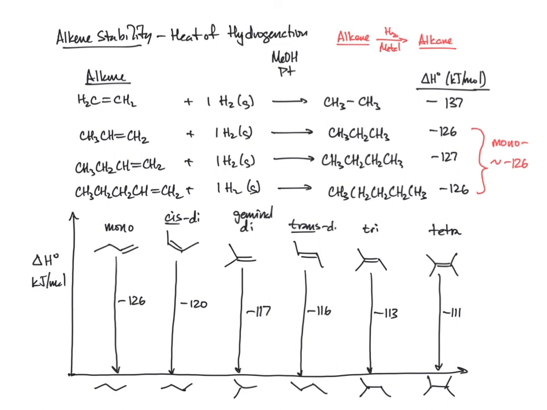So what does all this mean for us, practically speaking? When we're going through an elimination mechanism, we want to form the more substituted alkene when we do that elimination. And this actually has a name. This is called Zaitsev's rule.